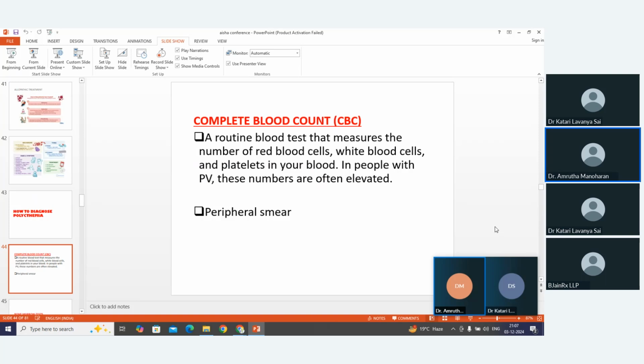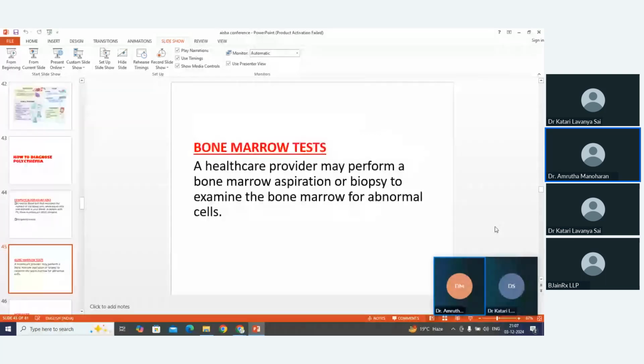The most important thing is the CBC, the complete blood picture, where we can see an elevated hemoglobin level along with other elevated blood parameters. So the first one is the CBC, a routine blood checkup, checking the RBC, WBC, and platelets. Next, look at the peripheral smear, and next the bone marrow test.